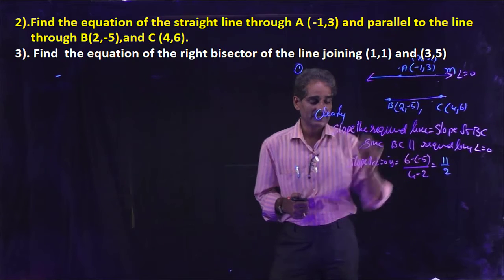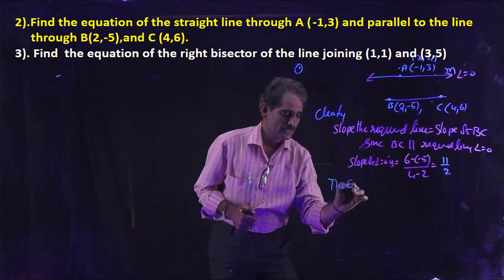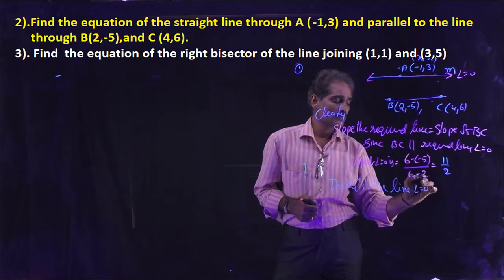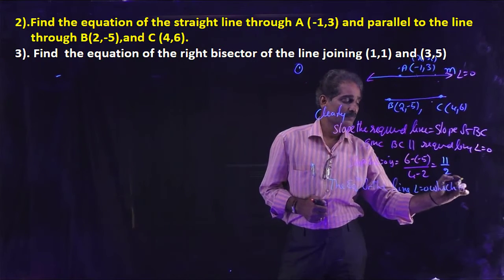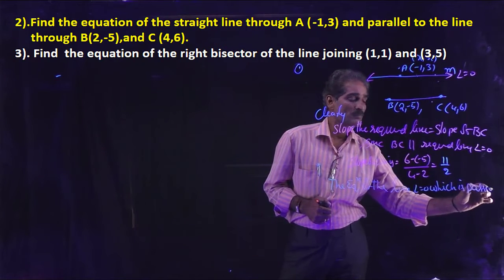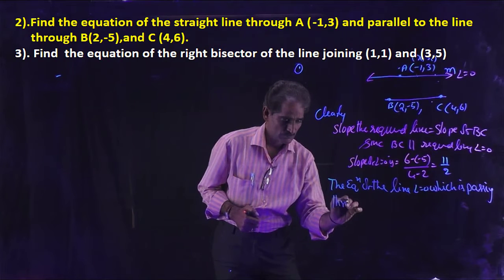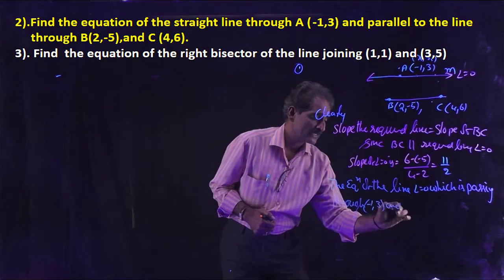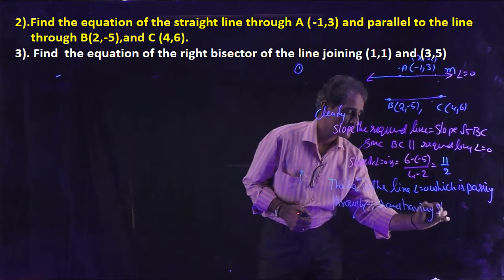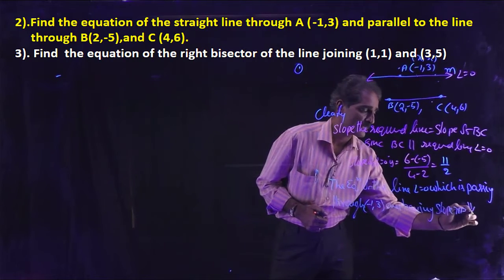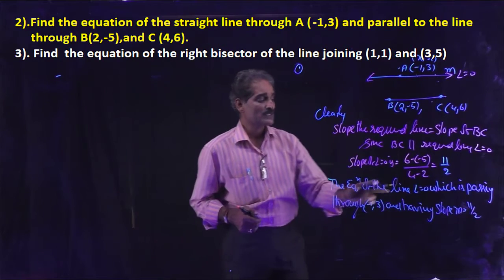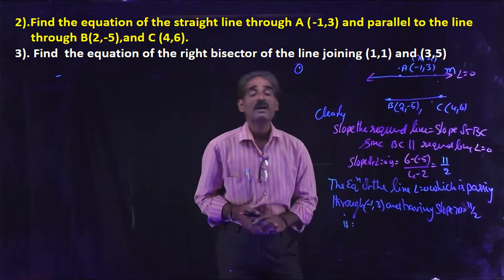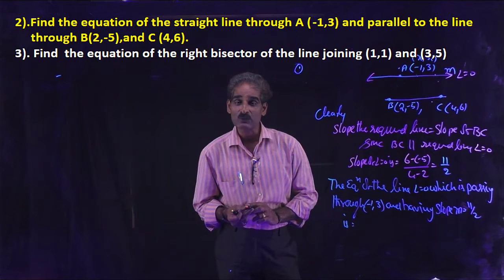Now the equation of the line L equal to 0, which is passing through the point minus 1 comma 3 and having slope m equal to 11 by 2, is y minus y1 equal to m into x minus x1.